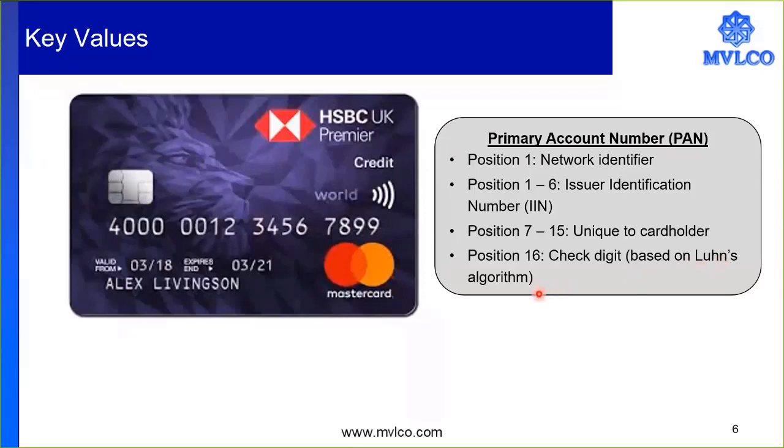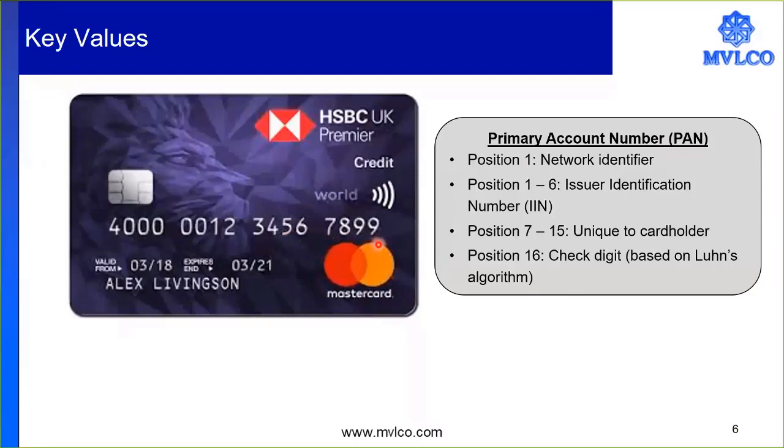What is the purpose of this Luhn's algorithm? Whenever I enter my card number on a computer or on a phone, or maybe when I swipe a card in an ATM or on a POS machine, the card reader would read all these 15 digits first. Now the card reader or the card terminal has the idea of what this Luhn's algorithm is. So based on these 15 digits, it will compute the value of the last digit.